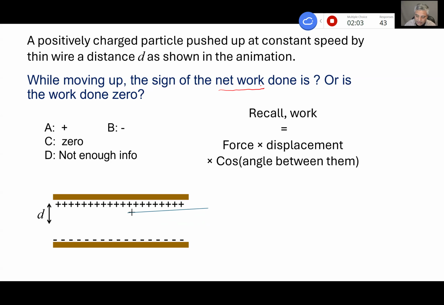Okay, 5 more seconds. 5, 4, 3, 2, 1, and it stops.